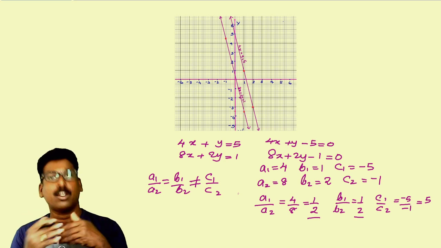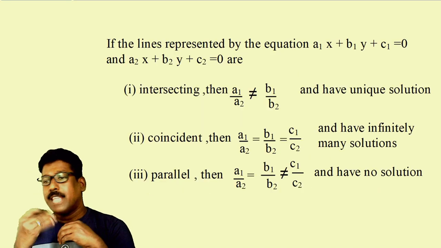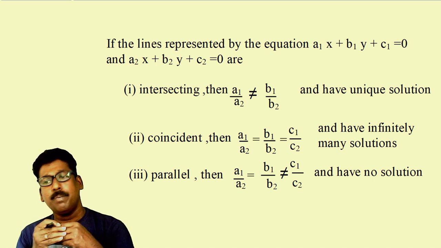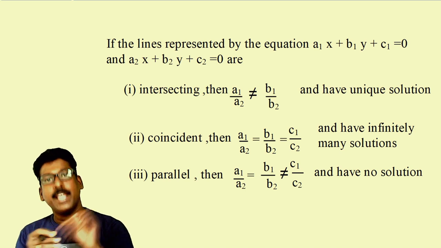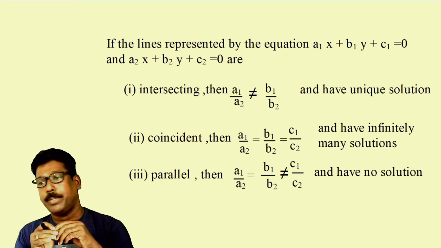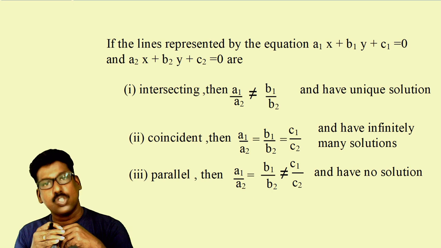So we can conclude, if the lines represented by the equations a1x plus b1y plus c1 is equal to 0 and a2x plus b2y plus c2 is equal to 0 are intersecting, then a1 by a2 is not equal to b1 by b2, and you will get a unique solution.